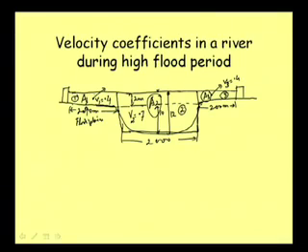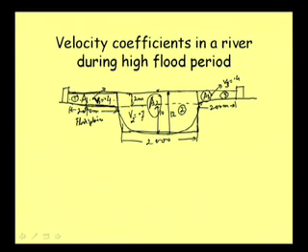average velocity what I am giving as V2 here. V2 means actually we are talking about the average velocity. V1 also we are talking about the average velocity of this portion. Now we are just making one assumption that in this portion, area A1, the average velocity is 0.4, and we are assuming that the variation of velocity within this section in vertical as well as horizontal in the entire cross section is not that much, and the individual velocity coefficient for this area is not required to that extent.